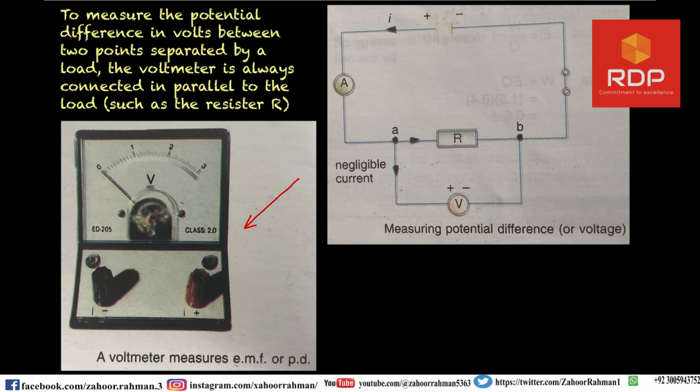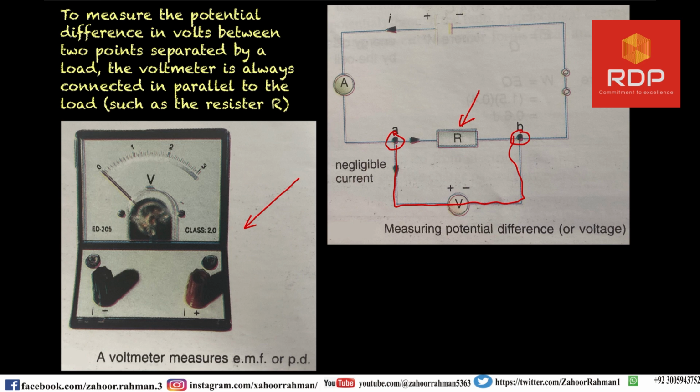If the resistance of the voltmeter is much more than the load, which is this one in this case, and you can see that there are points A and B, so the voltmeter is connected in parallel to that.